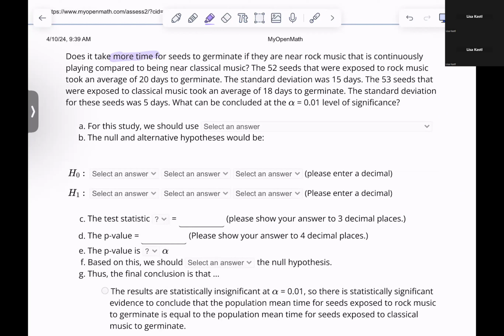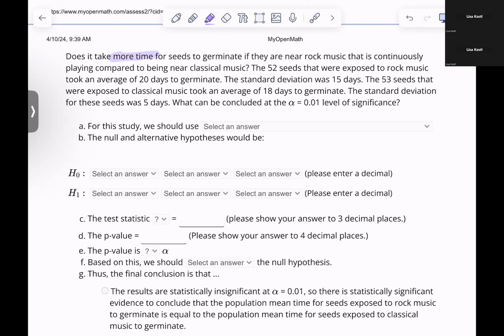The 52 seeds that were exposed to rock music took an average of 20 days to germinate. The standard deviation was 15 days. The 53 seeds that were exposed to classical music took an average of 18 days to germinate. The standard deviation for these seeds was 5 days. What can be concluded at an alpha equal 0.01 level of significance?